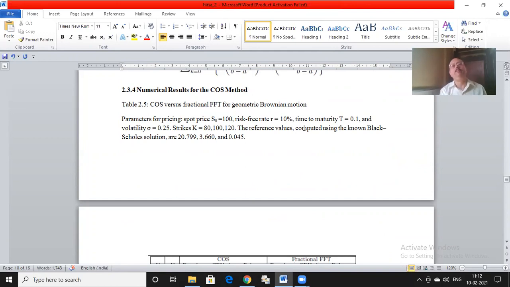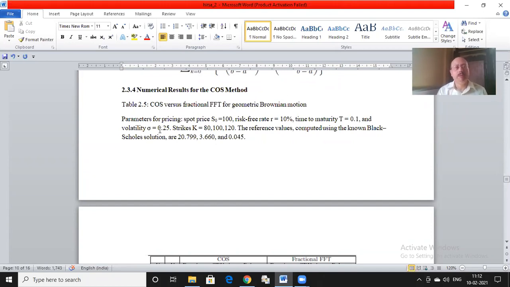Because for the geometric Brownian motion model, we can analytically find the expression for European option prices, the comparison will be absolute. So we have the theoretically correct expression which can be evaluated. We have the numerical value from fractional FFT, and we also have the numerical value from the cosine method. Now we can compare these.